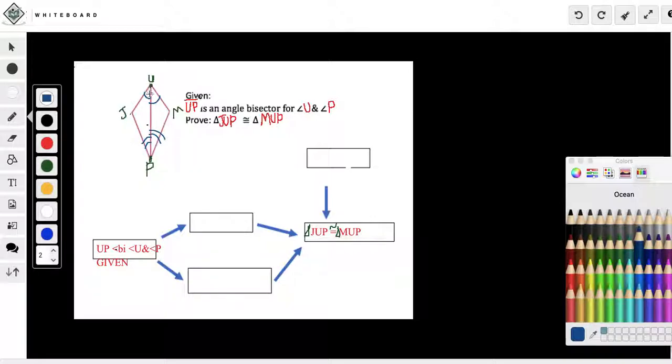Well, we know that angle JUP is congruent to angle MUP. And our reason behind that is the definition of angle bisector.